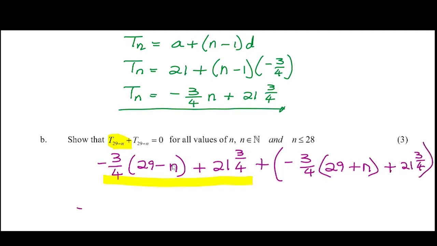And we're going to look at all of this. What we get is, this one simplifies to negative 87 over 4 plus 3/4 of n plus 87 over 4.